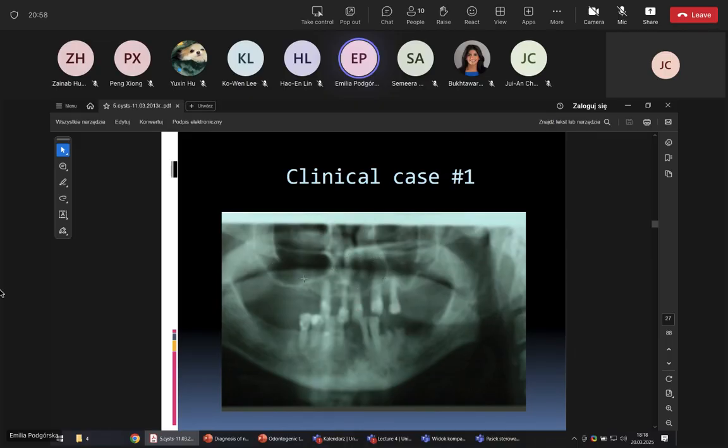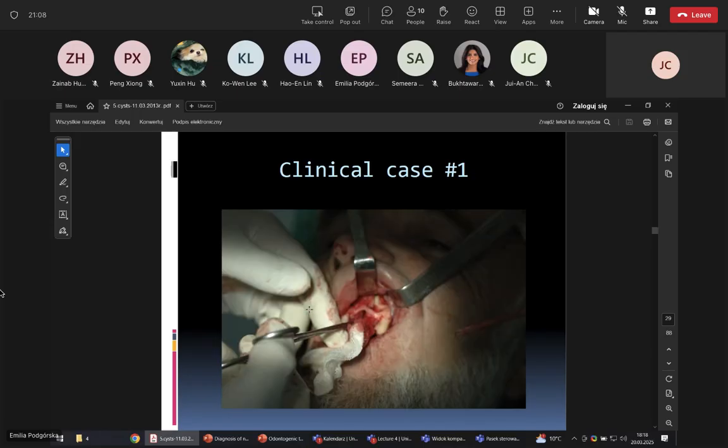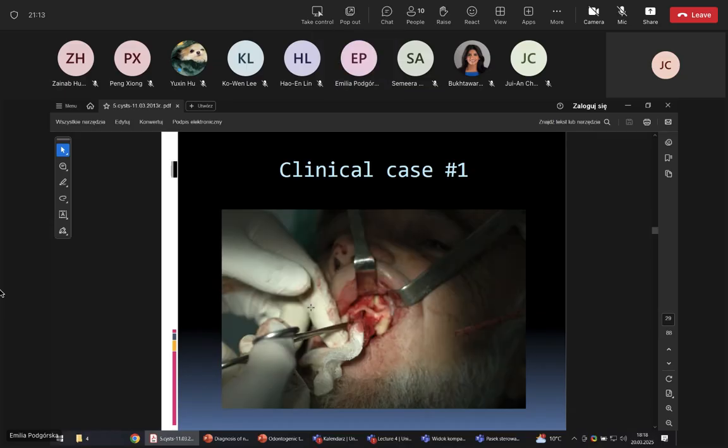You have big in this space. Yes. And you can see on the picture how the cyst is enucleated.